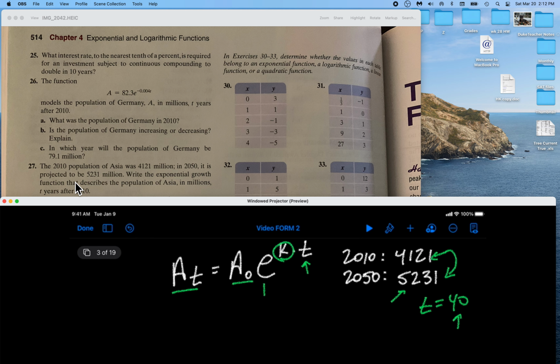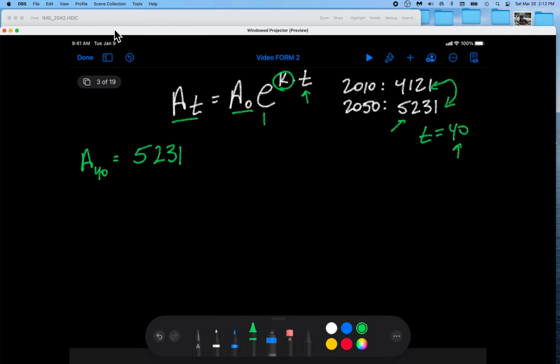So let's do that. A of t, meaning A of 40, equals 5231. A sub 0, the initial amount, is 4121.